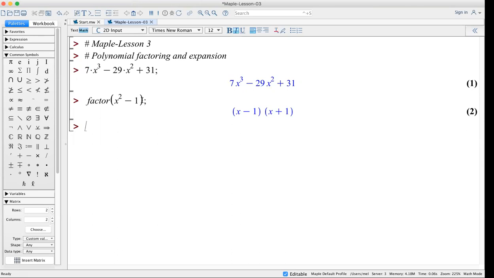If you have the polynomial, even in 2 variables, say x cubed minus y cubed, that's factored.